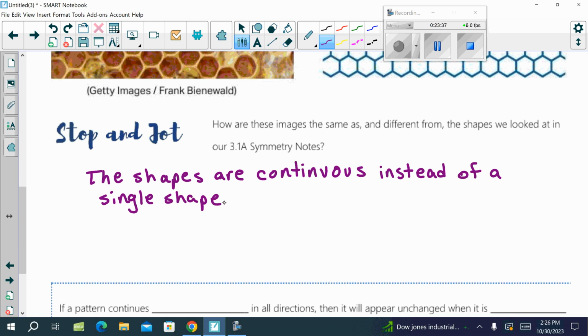Okay, that's a difference. Do we have any similarities? Do you see any similarities of these patterns?